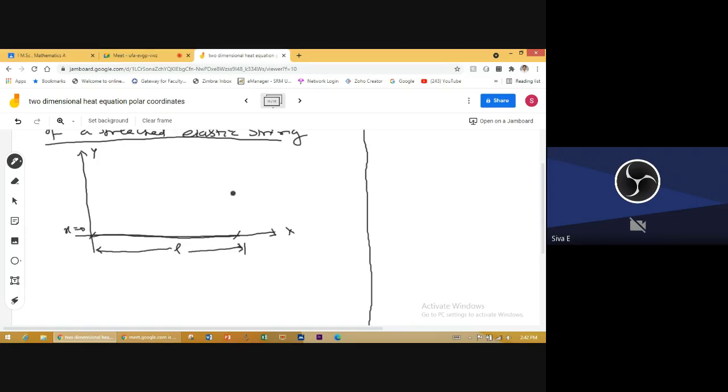X equal to 0, it is revision only, and X equal to L. Here it is like the waveform. What is the transverse displacement Y? It is a function of x comma t, y of x comma t.